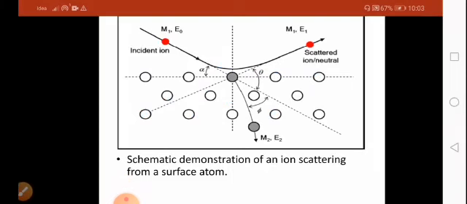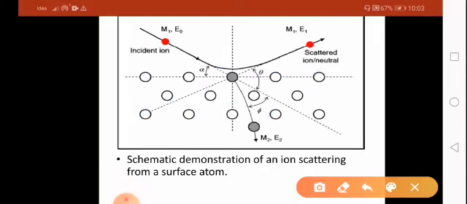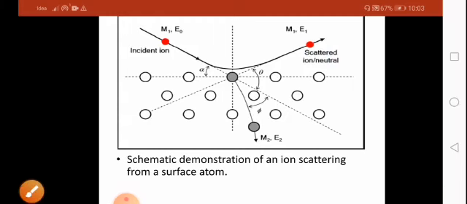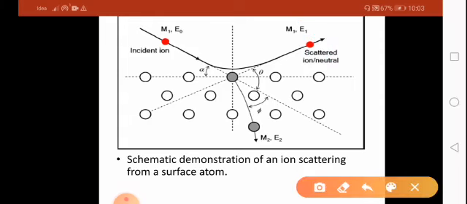Then it is getting scattered as mass m1. There is no change in the mass, so the scattered particle also has mass m1, but it has energy E1, because the incident energy was E0 and the scattered energy is E1. As a result of this scattering, the atom of mass m2, the scattering center, gets scattered.